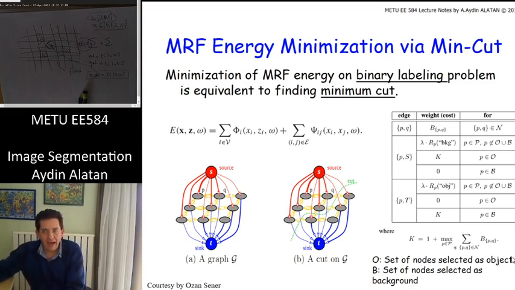Okay. Now, K is you are giving the maximum cost that you can have in your problem. And if you know that this P belongs to the background, you give the maximum cost to the object. In other words, this is 0, that's the maximum.